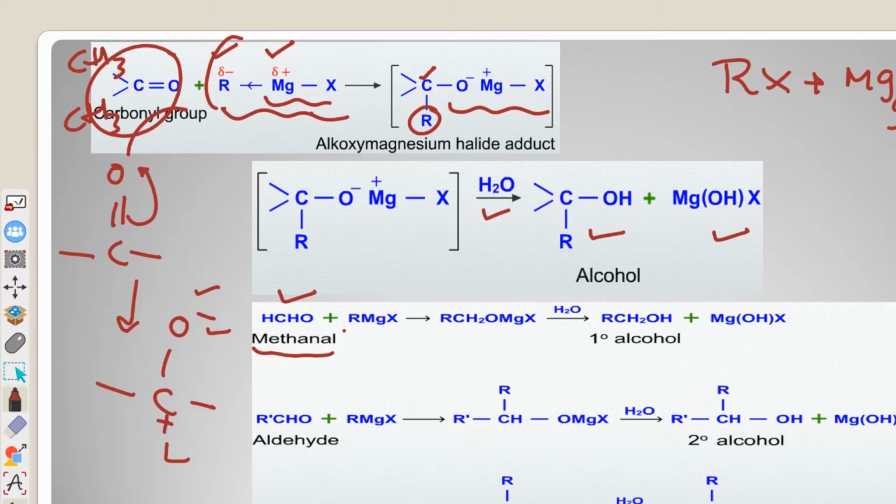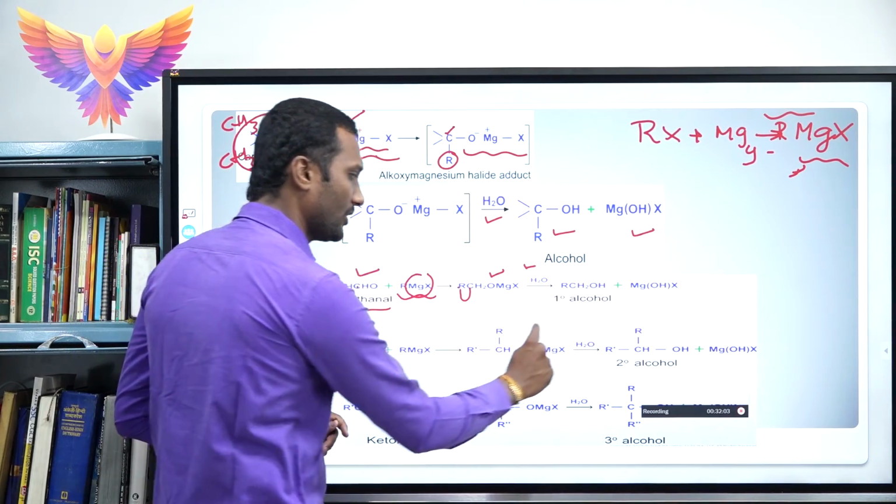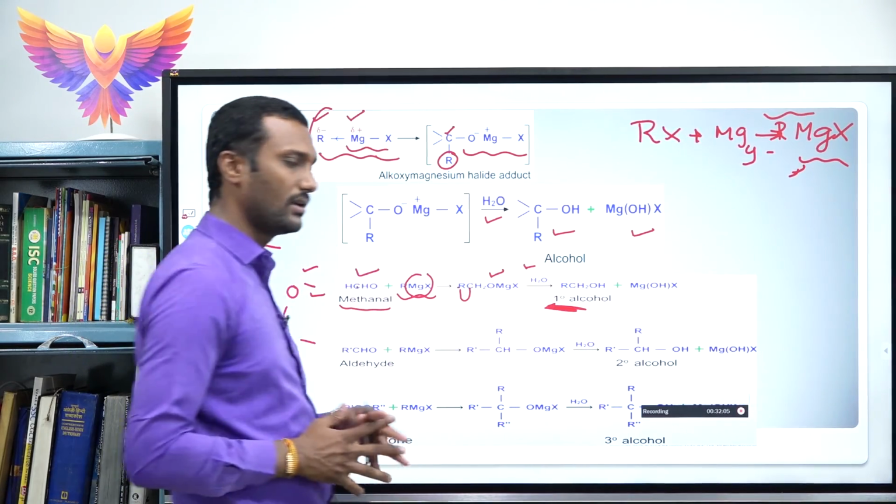When this formaldehyde reacts with a Grignard reagent, RMgX, I already showed the mechanism where the R attaches to the carbon. The R is attached to the carbon, and magnesium halide attaches to the negative charge of the oxygen atom. When it is hydrolyzed with water, you will get only a 1 degree alcohol.